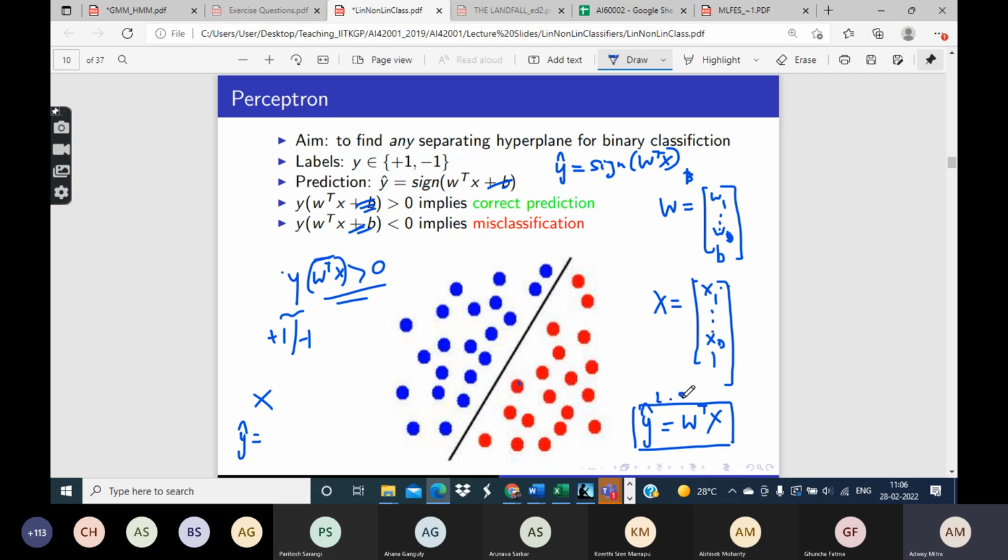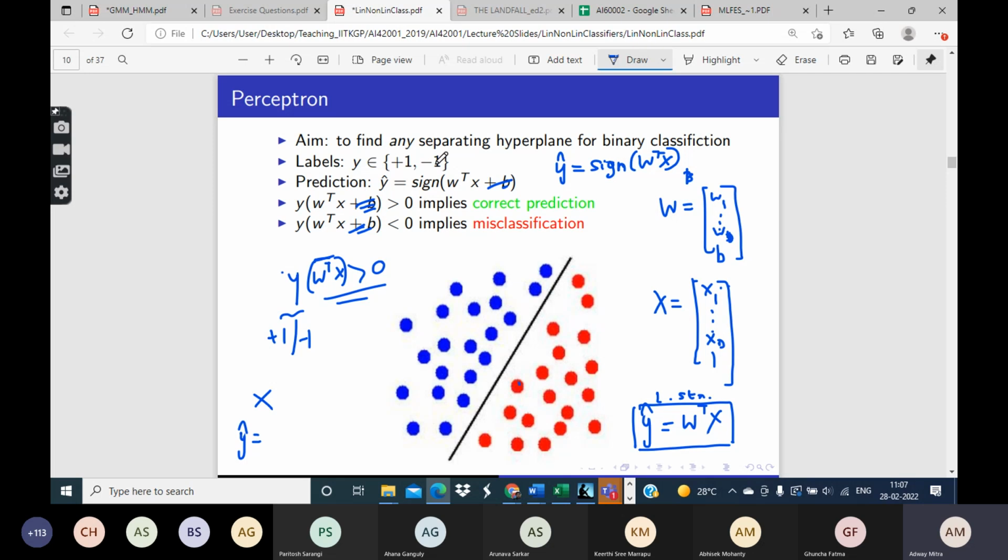To make it into a linear classifier, we make it y hat equal to sign of w transpose x. Sign means that if w transpose x is positive, the sign will be +1, and if w transpose x is negative, the sign will be -1. So y hat is just either +1 or -1.